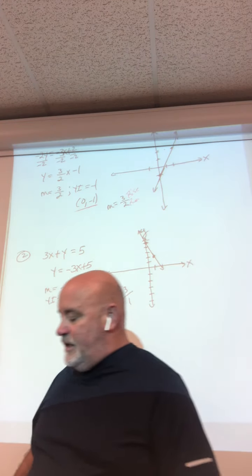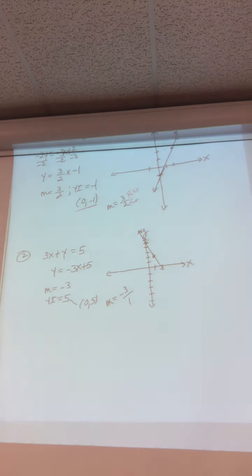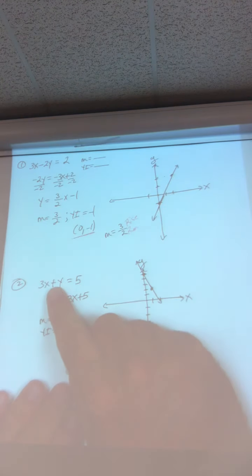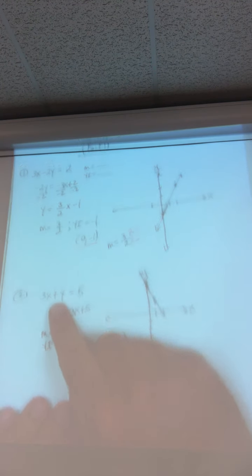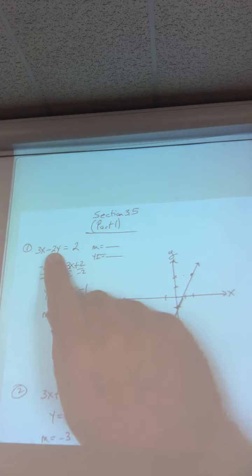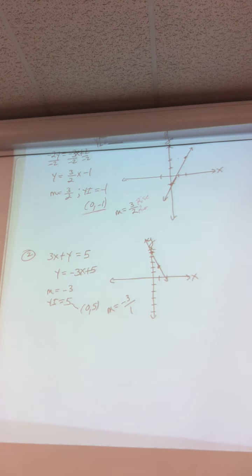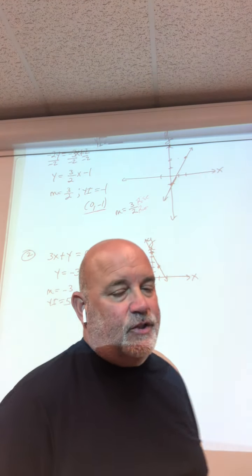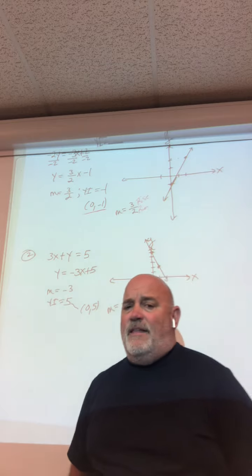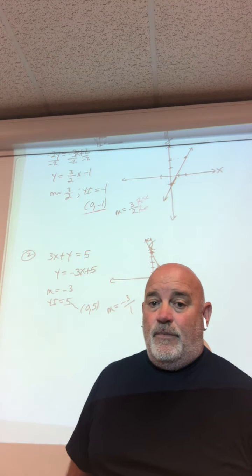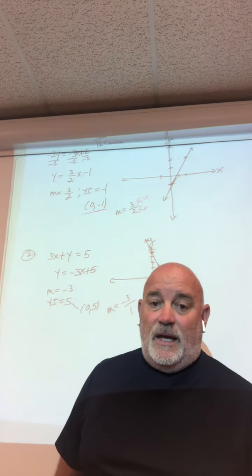If you'll notice in these 2 problems we just did, we started with the equation. Now, what I'm about to do is turn the question around, and we're going to be looking for the equation. In order to find the equation of a line, you have to be given some information.